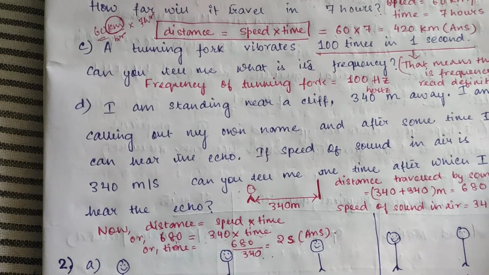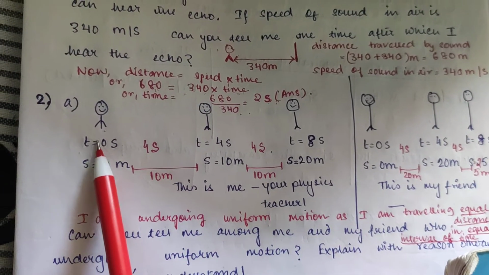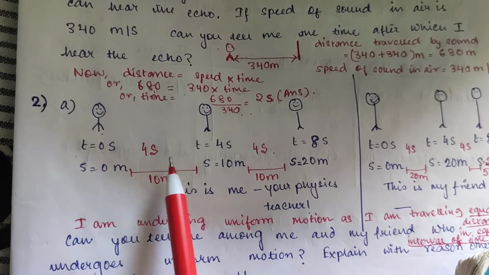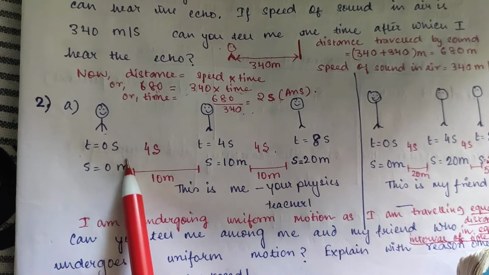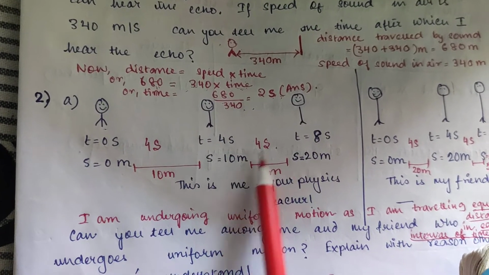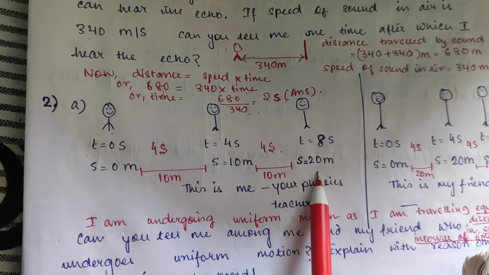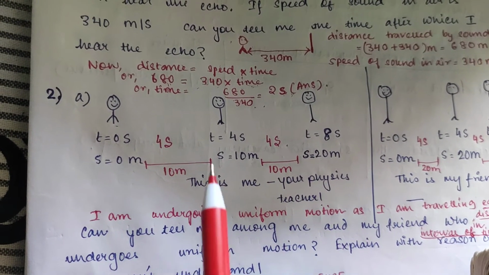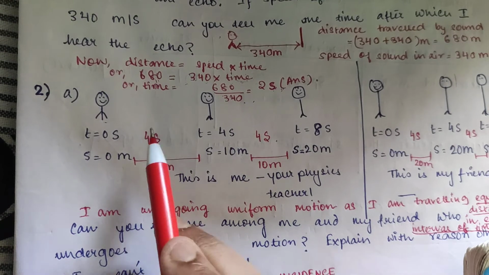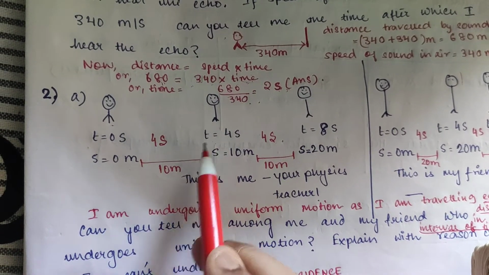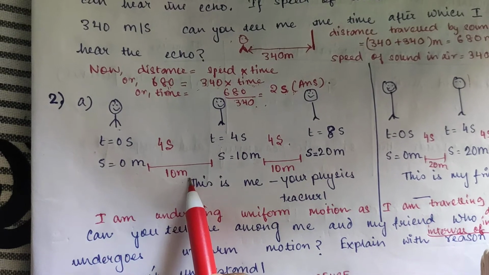Okay. Now this one. This was me walking, and I've given, say, at 0 seconds, at 0 meters; at 4 seconds I'm at 10 meters; at 8 seconds I'm at 20 meters. Just see what are the distances covered then. In this 4 seconds, 4 minus 0, 4 seconds, I have covered 10 meters.